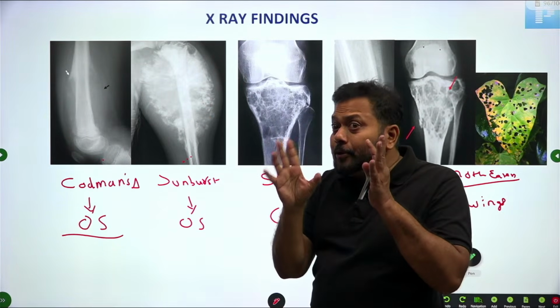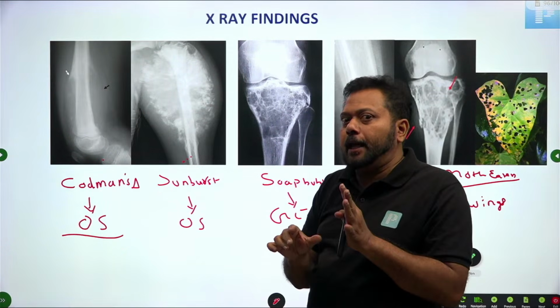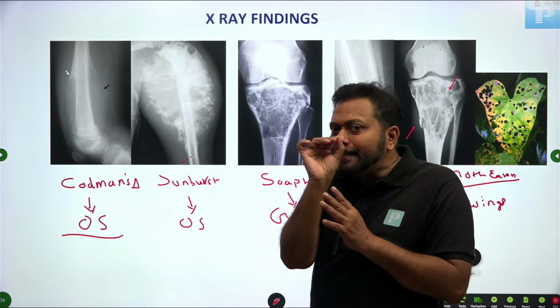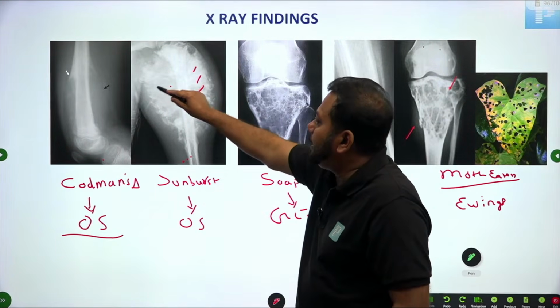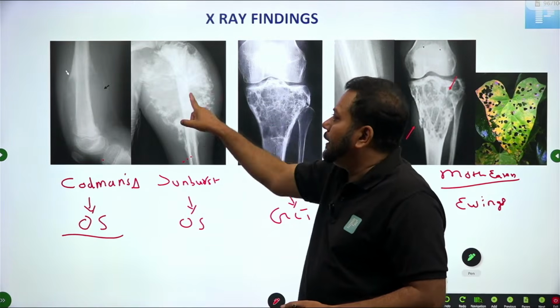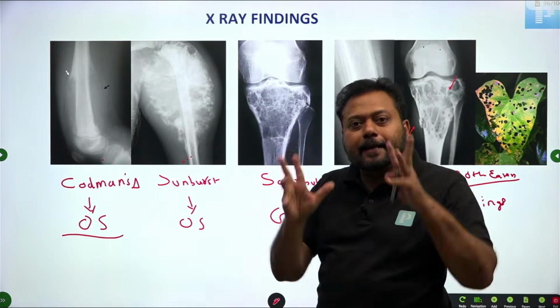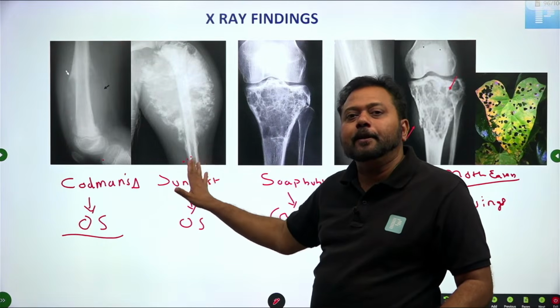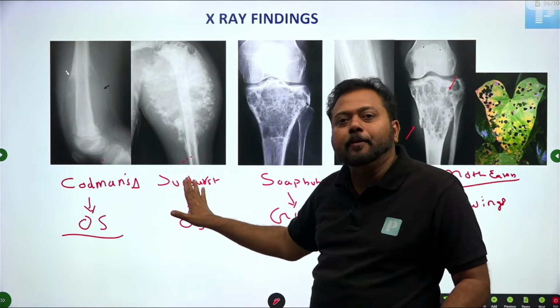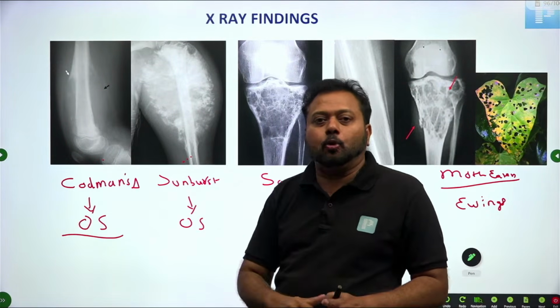Blood vessels you can't see in the X-ray. Microcalcification happens along the vessel wall, and the microcalcification is seen like a sunburst. This is the second form of periosteal reaction. Again, this happens only in osteogenic sarcoma.